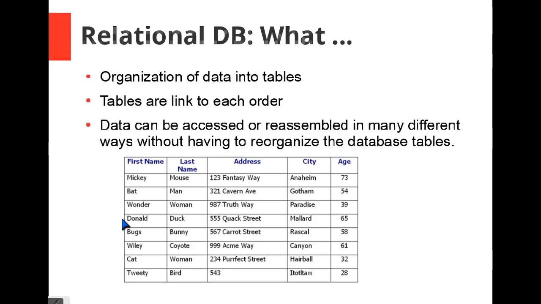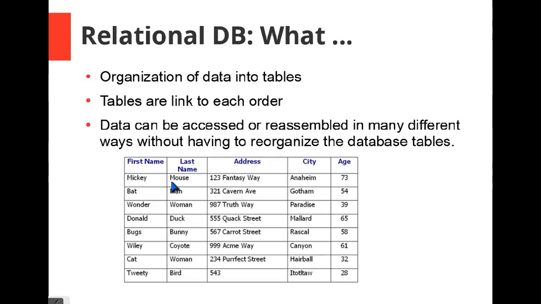So what is a relational database? In a relational database, data are organized in a tabular form. That is, you have rows and columns. Like in the example of the table below, we have first name, last name, address, city, and age.